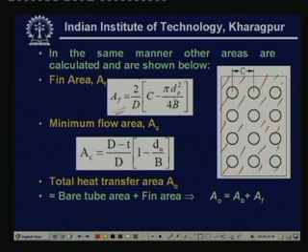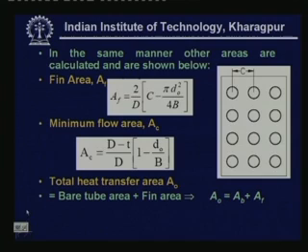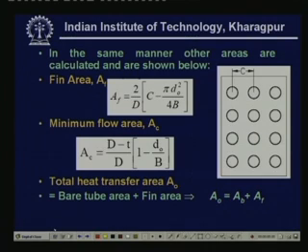Similarly, the minimum flow area is actually between the tubes, and the minimum flow area is somewhere here. Okay. So, this is where the passage becomes narrow, okay, and this distance is the minimum distance. So, we can find out what is the flow area at this point. Okay.